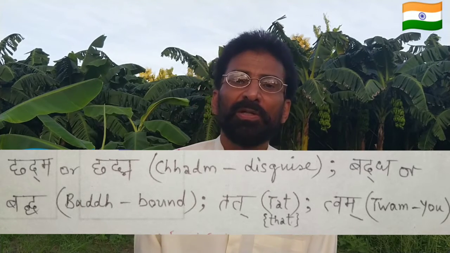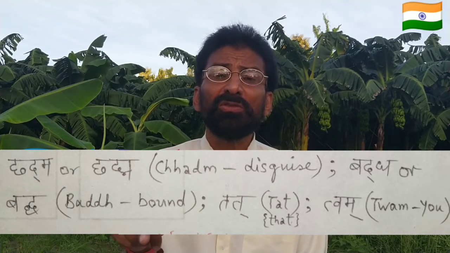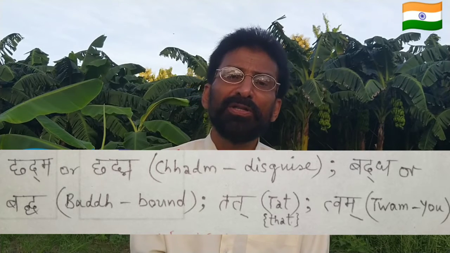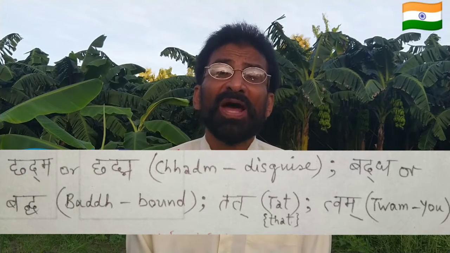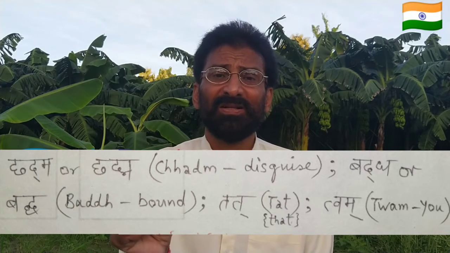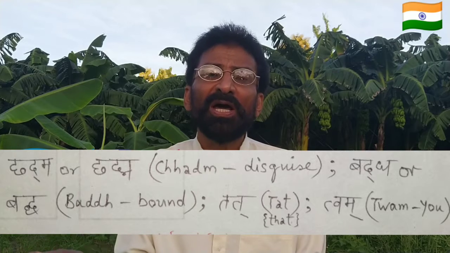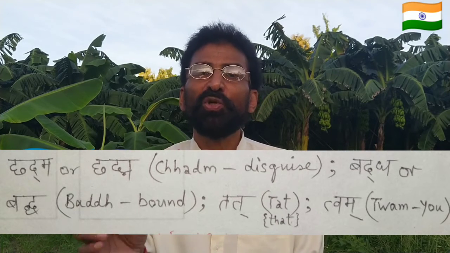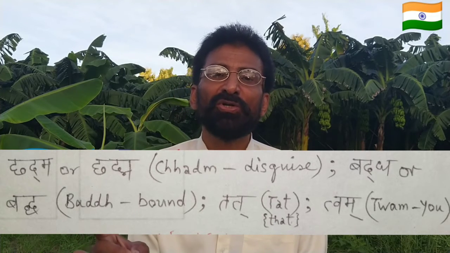So tat is the whole consonant ta, and then another ta, and then a halant mark underneath the second ta, so it becomes tat. So first full ta, and then next ta is half. So end consonants which are half, you put a halant mark underneath that consonant. So tat.